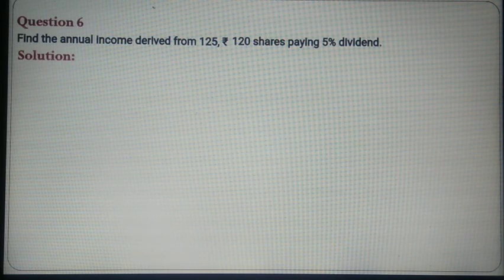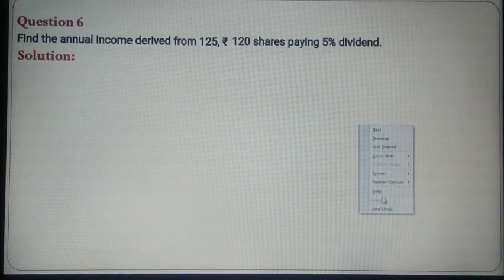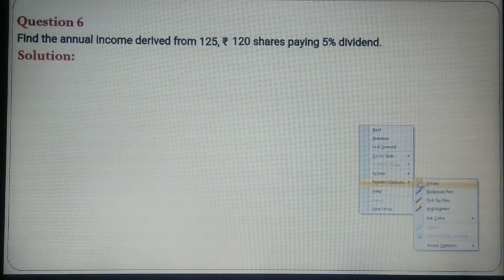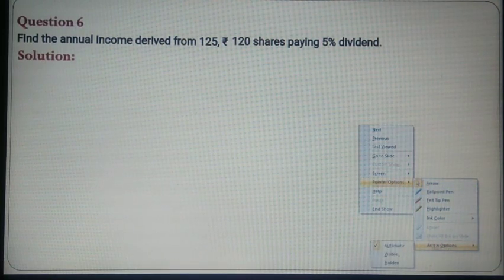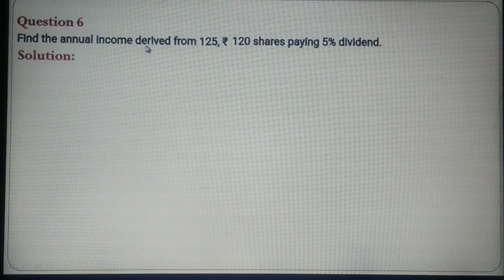Now the sum is directly applicable to a formula. Okay, so which formula is that? We'll see it shortly. So the question says, find the annual income derived from 125 shares, rupees 120 shares.